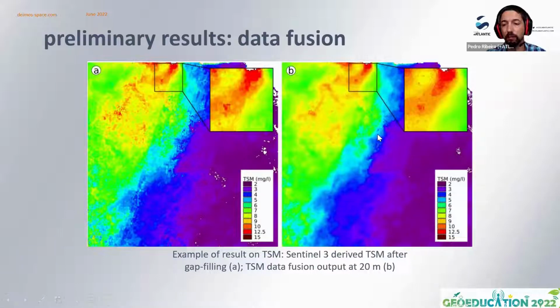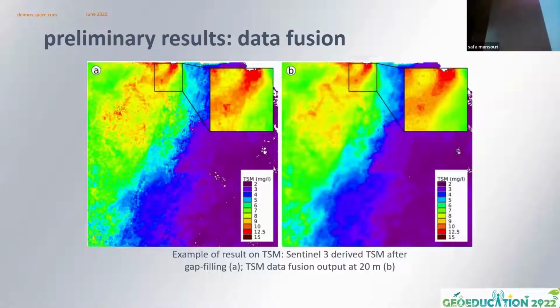Also, an algorithm that was developed for land application is called StarFM. But the problem is this was developed for land applications, assuming that there is not much change within the week that we don't have Sentinel-2 data. And for coastal and marine applications, of course, this is not true.